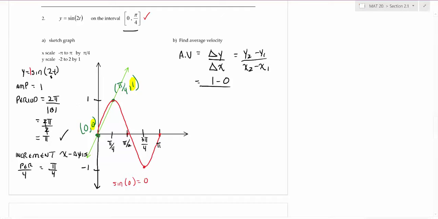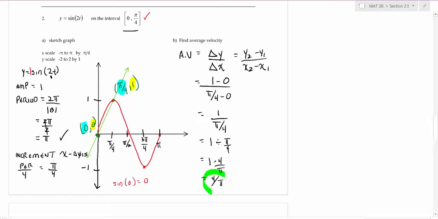Then I'm going to subtract the x values, pi over 4 minus 0. So that's going to give 1 over pi over 4. And that really is dividing two fractions, so you would end up having 1 times 4 over pi. So that means the average velocity would be 4 over pi.